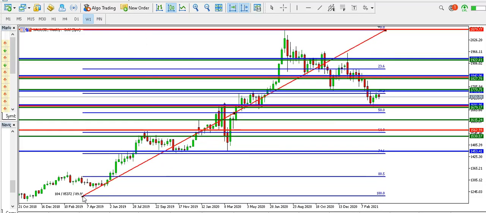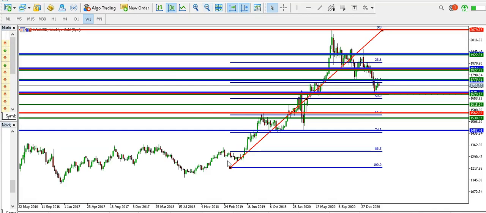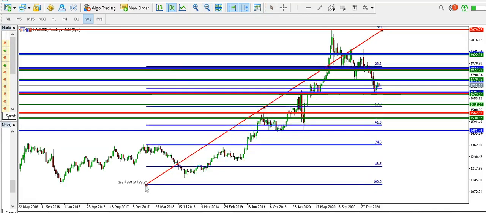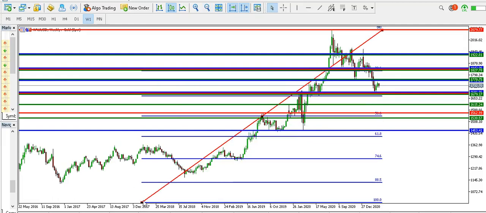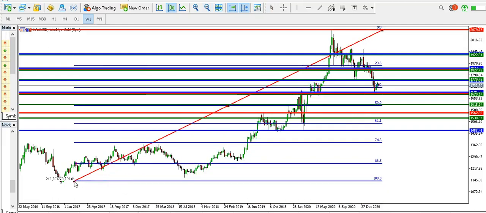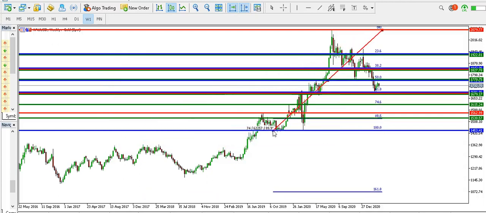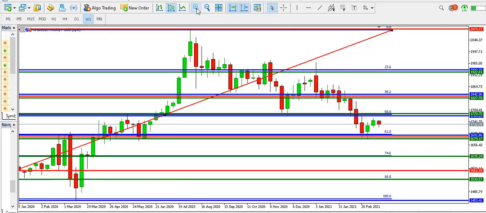Just a minute. Okay, let's just ignore the weekly time frame, since I didn't plot the 74.6 and 88.5 on the weekly. We have established these levels, and I'm going to delete the Fibonacci tool right now.